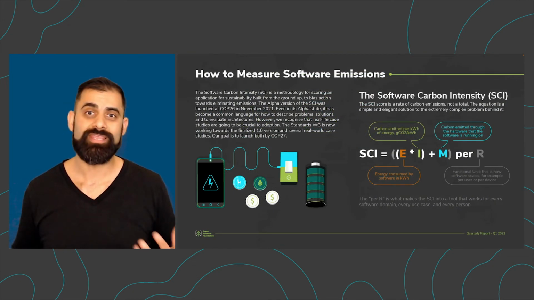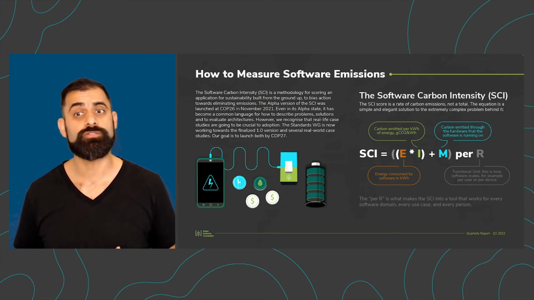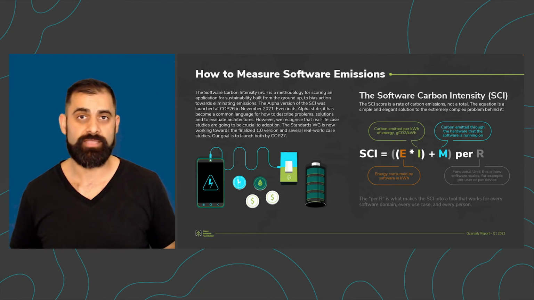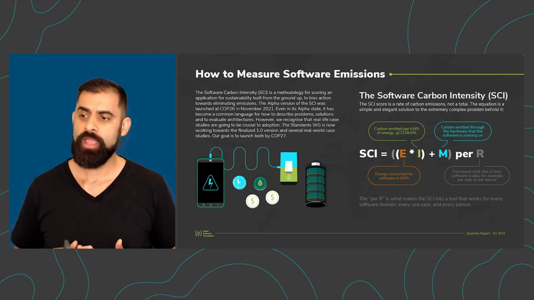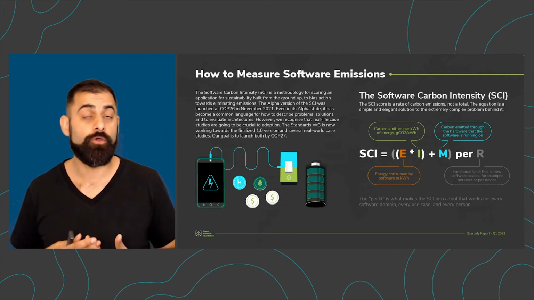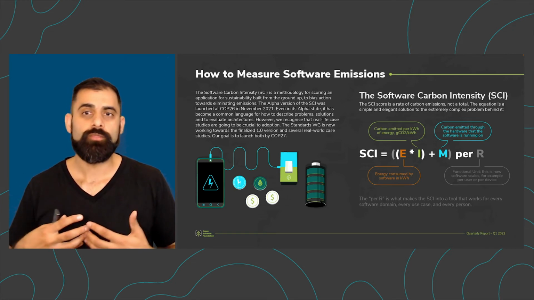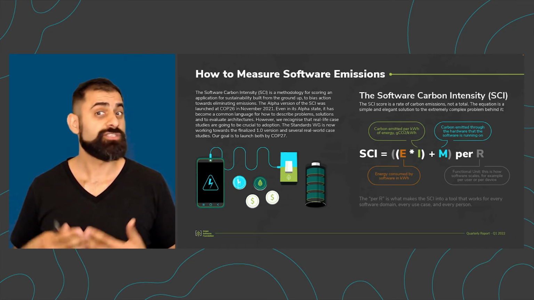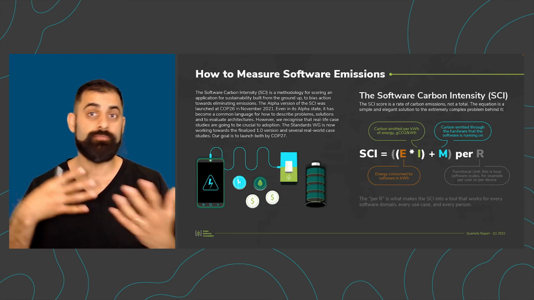Measurement was one of the key pain points of our members when we first launched. So one of the first things we worked on was a measurement standard, which is called the Software Carbon Intensity standard. This is a way of how to measure or score a piece of software for emissions, for sustainability. One of the wonderful things that has enabled us to do is to just have a common language regarding software emissions.